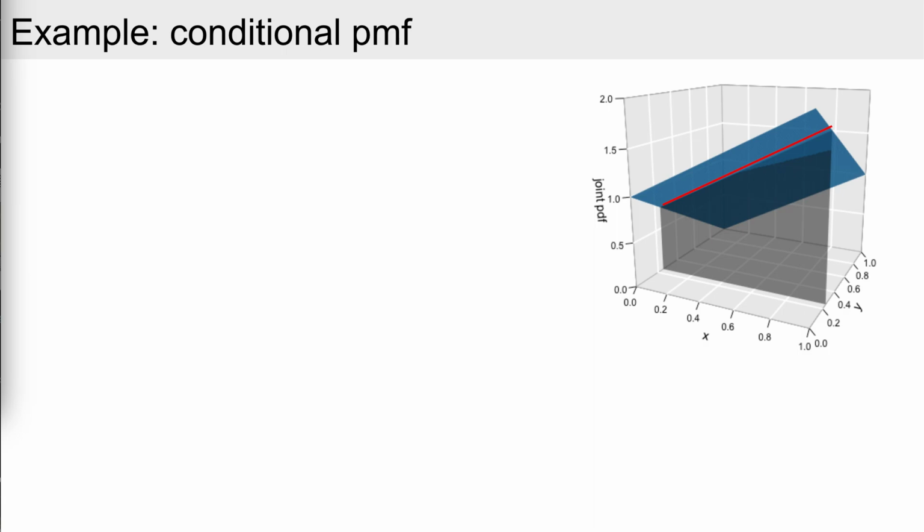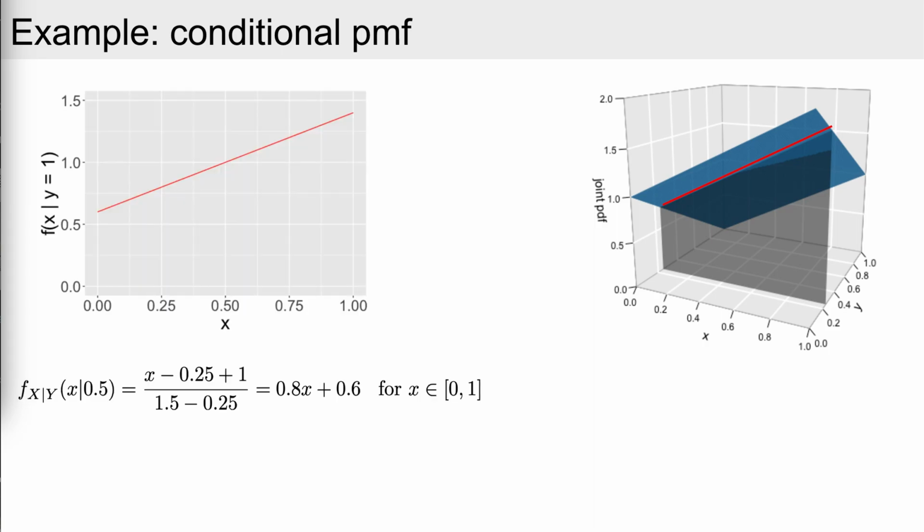The red line in this plot represents the surface of the joint PDF at this slice. Further, this red line captures the behavior of x when y equals 0.25. In fact, when scaled, this red line represents the conditional PDF of x when y equals 0.25.